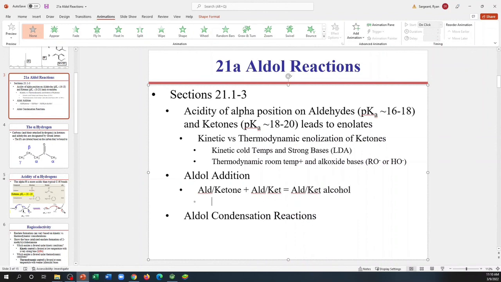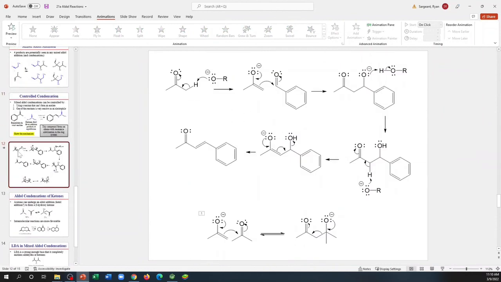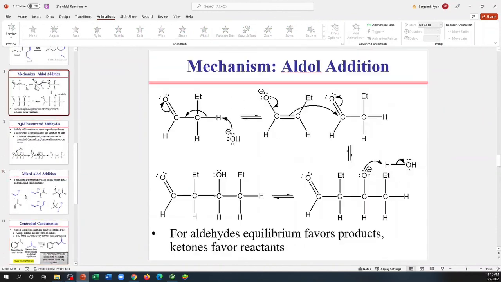And these generally require cold temperatures to prevent the condensation reaction. And we looked at aldol addition reactions right here. This is the enolization. We form the enolate, it attacks an adjacent carbonyl group, and then we protonate it, and we're done at low temperatures.